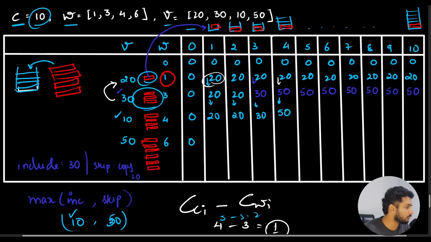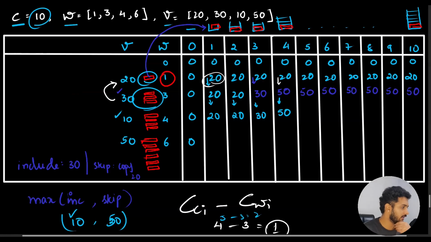And I'm going to do the same for the next thing. Now for this, what I'll do is current weight. I'll write the formula here. Current capacity minus current weight, which is nothing but 5 minus 4. 5 minus 4 is 1.